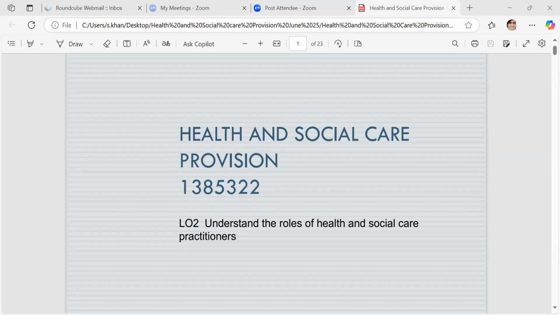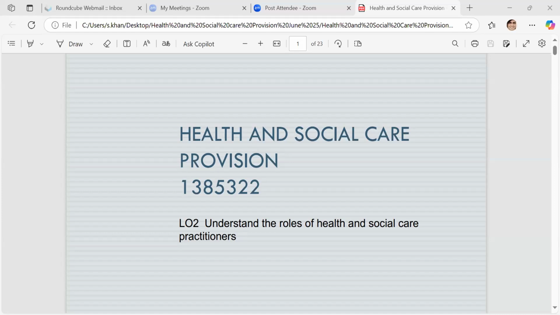It's about analyzing and interpreting the data, looking at different groups of people and different trends, and being aware of any abuse of statistics as well. We looked at that in learning outcome 1.